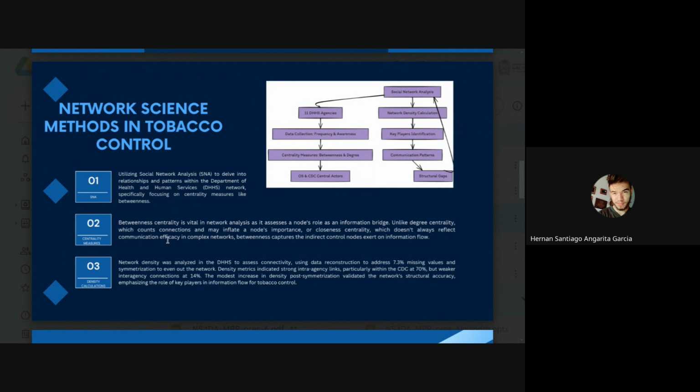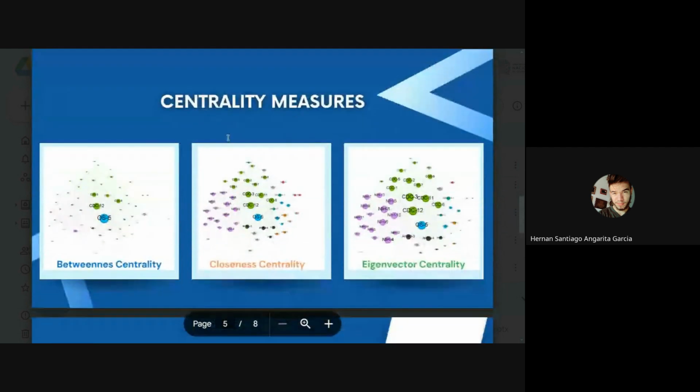Another centrality measure, like, okay, let me see, the next slide, please. Yeah. So the principal centrality measure is betweenness centrality. In Gephi software, we can calculate these automatically.